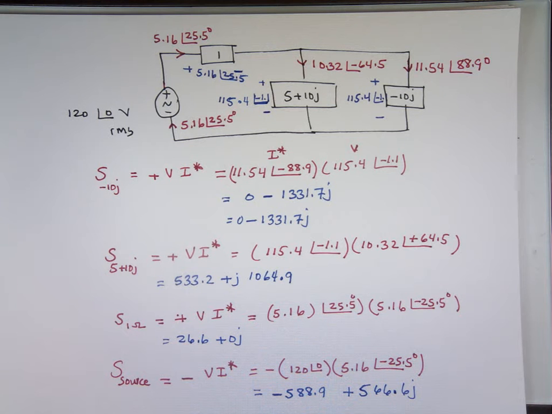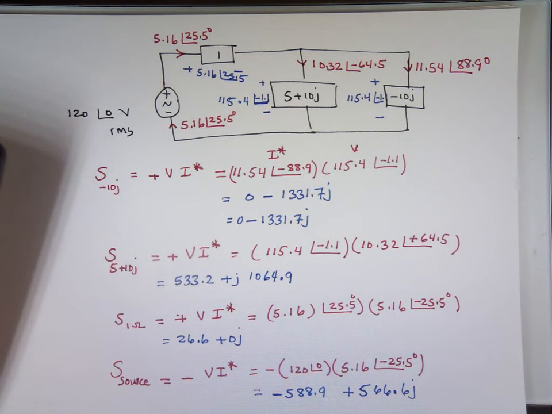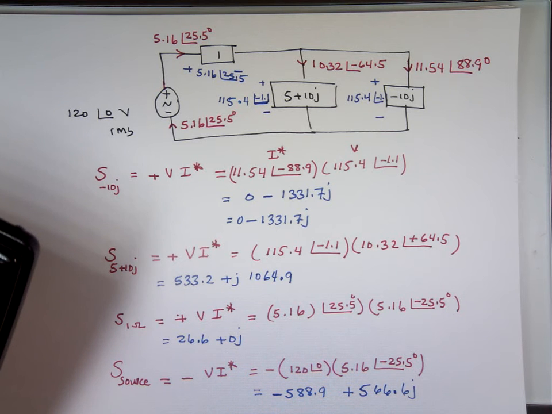Let's see. Are they asking for the supply? Does it say the supply? It's absorbed by all of them. I got the same answer as they did, but they multiplied it by -1 at the end, I guess, instead of multiplying it through at the beginning.